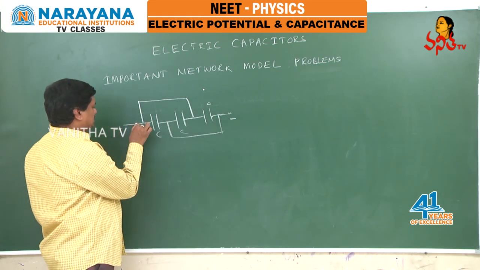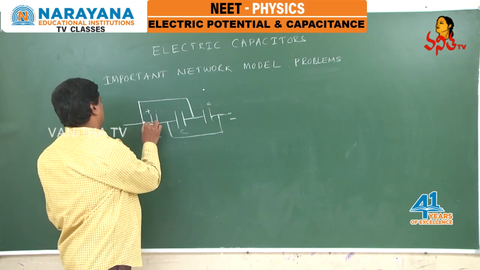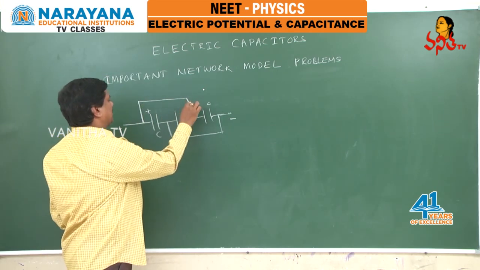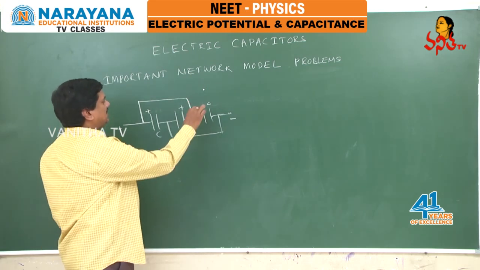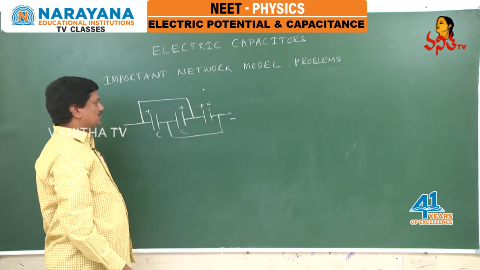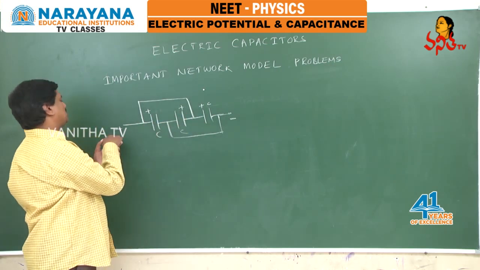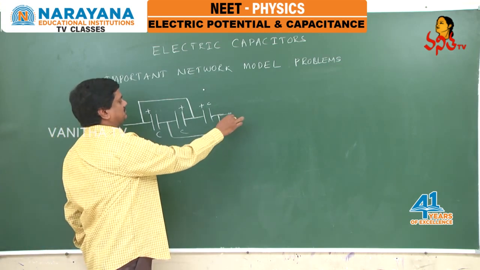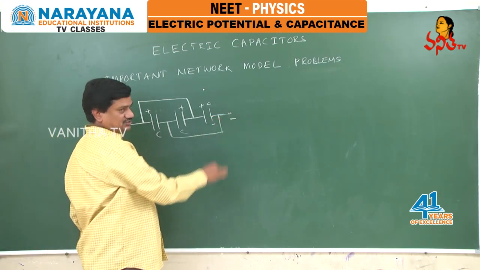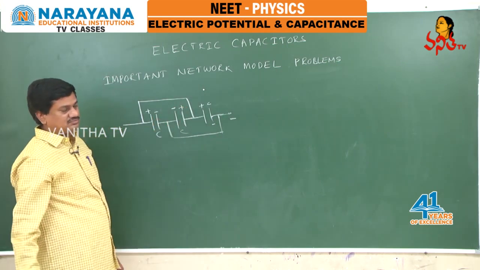Now this is a positive plate of this capacitor. There is a connection to the positive terminal like this, so even this is positive and this is also positive. So the positive plates of each and every capacitor are connected to this terminal. Similarly, this is negative, directly connected to the negative terminal, and this is also negative.